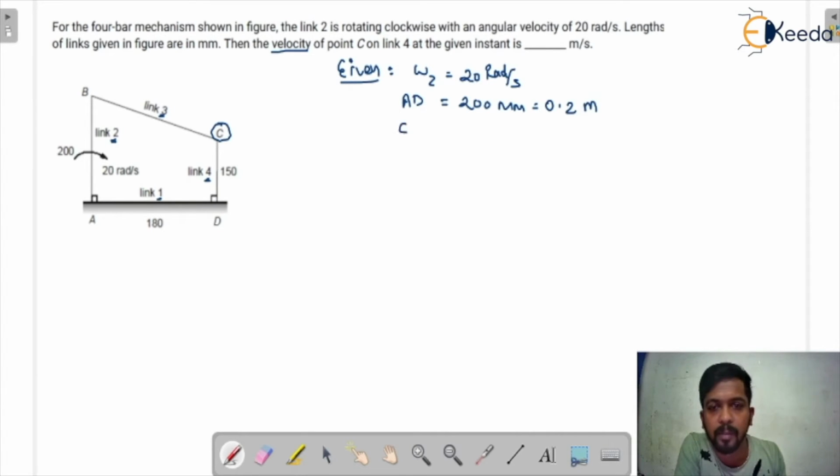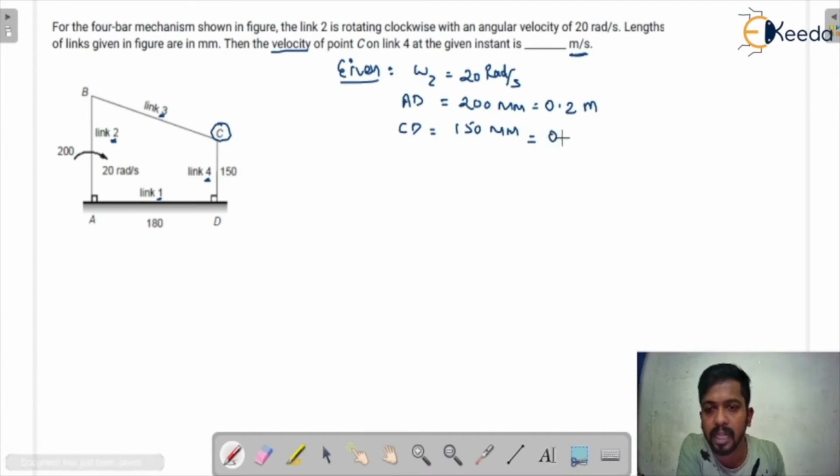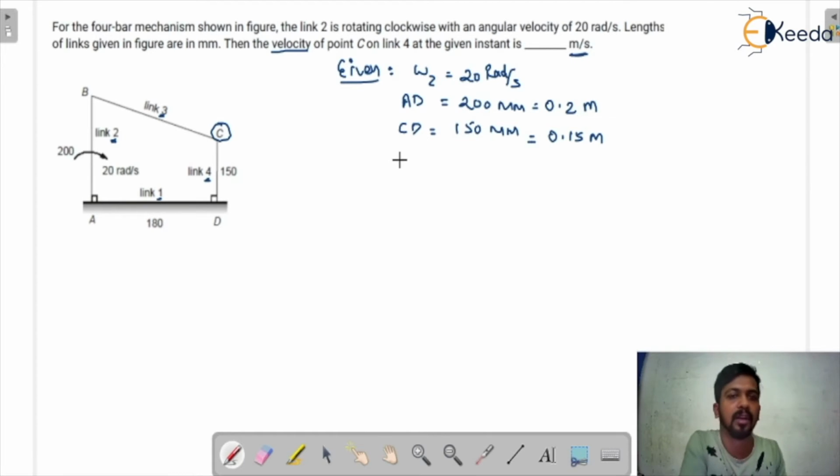And if I'm talking about CD, you can convert it into meter because the unit is the same. In the question it is asking for velocity in meter per second, so you must convert length from mm into meter. So that is 0.15 meter, and AD is also given, but there is no use of AD.